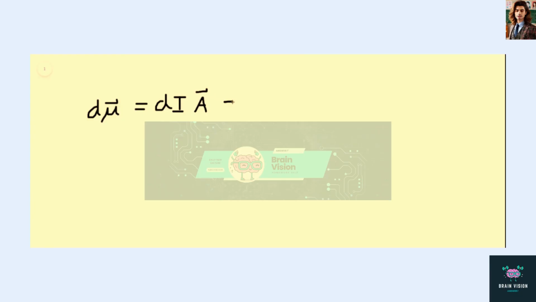The area is a vector, so this is di times the area times the directionality, which is î. Here dμ is the magnetic dipole moment's change, di is the current produced by the disk, and A is the area of the disk.